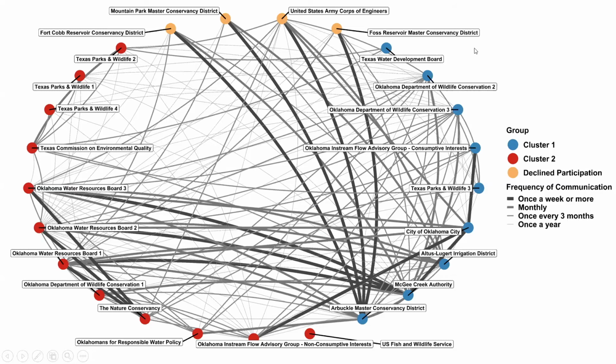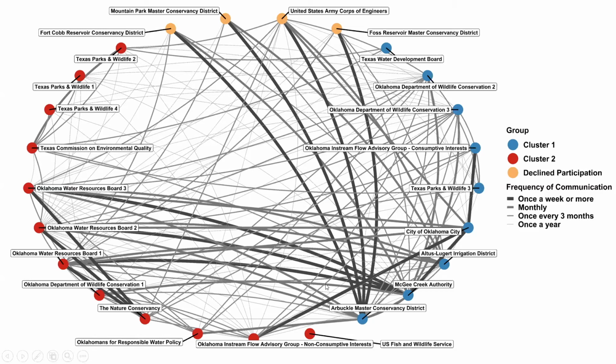And so the way this question was set up, we had a list of agencies and organizations that we sent out the survey to. Some of them declined to participate. So some of these folks up here, the Army Corps of Engineers, people who responded to the survey could indicate that they communicated with them, but they didn't actually participate in the survey.